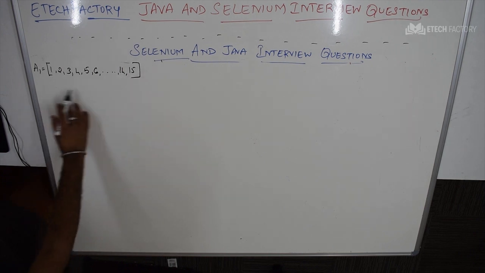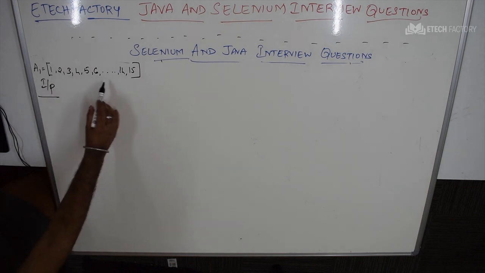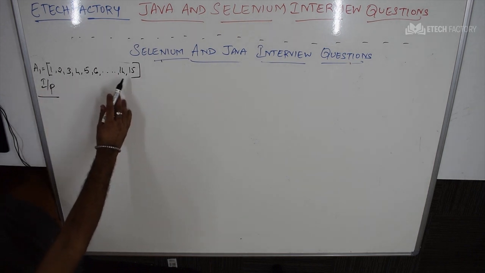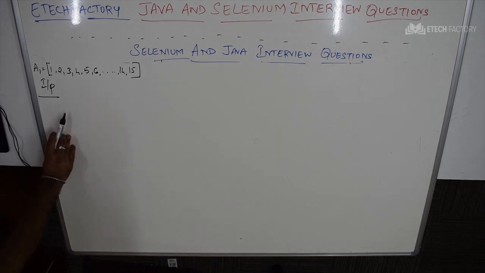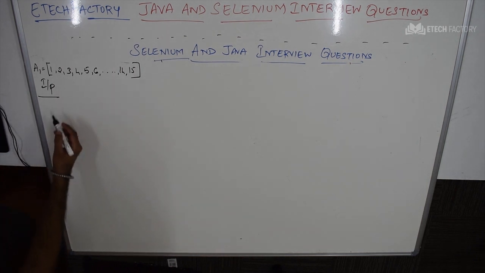This will be my input, where I'm going to send this array of numbers from 1 to 15, and my code has to identify the even numbers and the odd numbers. So the output is going to be this one.